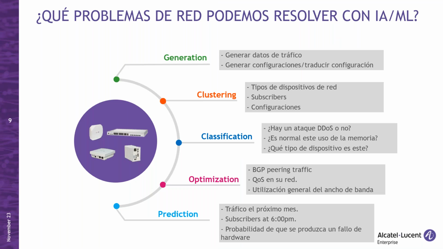Here we can find some examples of AI with machine learning and how it can help us solve day-by-day networking problems. This is the near future. Some categories show what these tools will be in your day-by-day in the midterm: classification, optimization, or prediction.